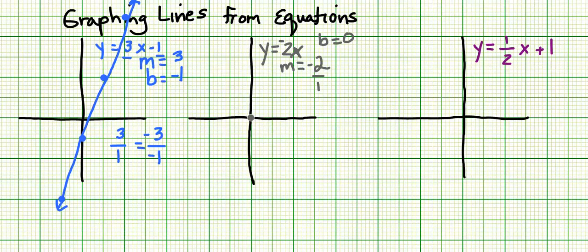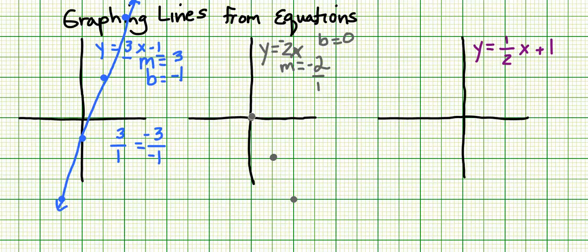My slope is -2, so that means I want to go down 2, to the right 1. Now that I'm making my graph, I'm not drawing in the triangle that I normally did when I was calculating slope. I want it to be kind of clean for making this graph. So from my last point, I can continue that slope down 2, right 1. Or if I run out of space, I can go back to my y-intercept and do the slope in reverse.